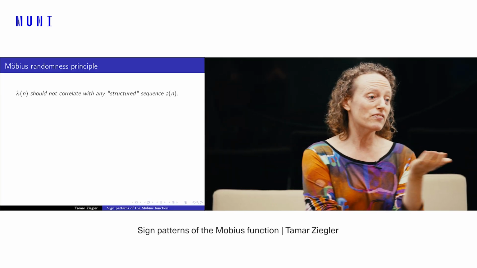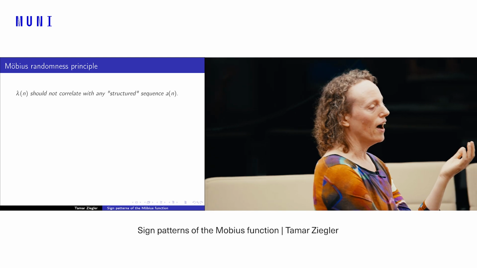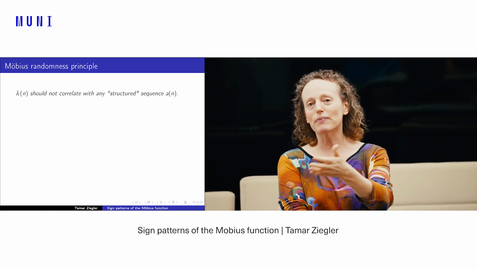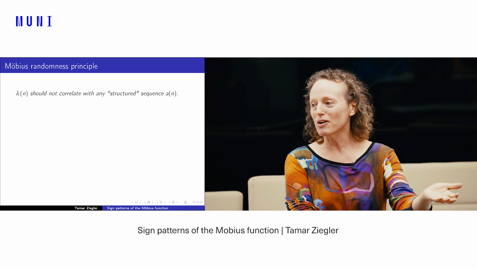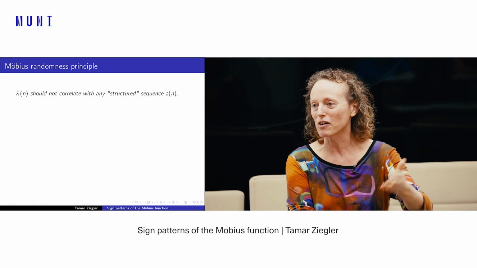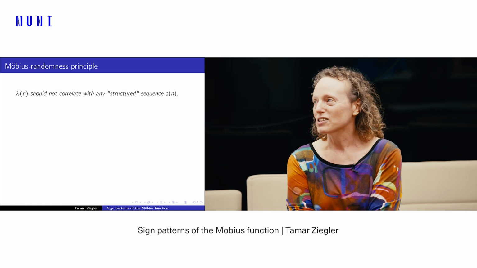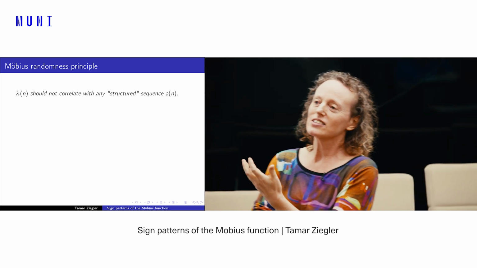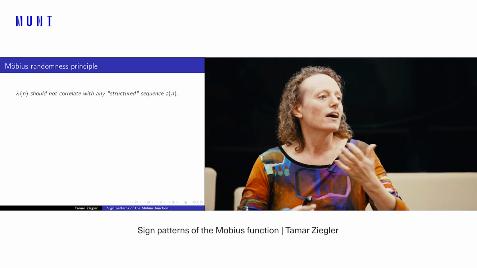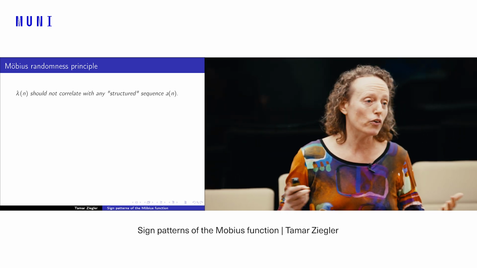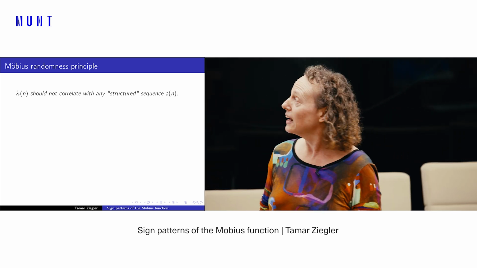Now, it's very vague. It's something like, show me the sequence, I'll tell you if it's structured, and then if Liouville should be orthogonal to it or not. So this is basically trying to say that Liouville should be orthogonal to something that has some structure or some low complexity.